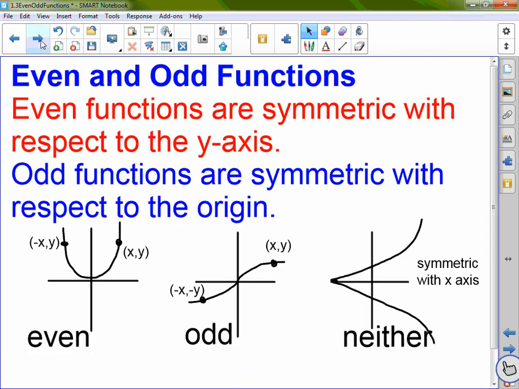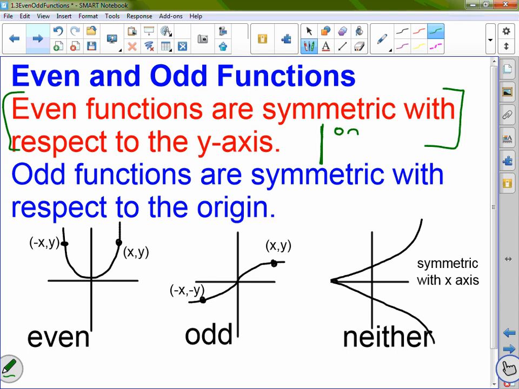The last piece of our lesson for today is even and odd functions. I've written it here for you, nice and big. It says even functions are symmetric with respect to the y-axis. Remember, the y-axis is this way. So an even function is something where, let's say we have a guy smiling.